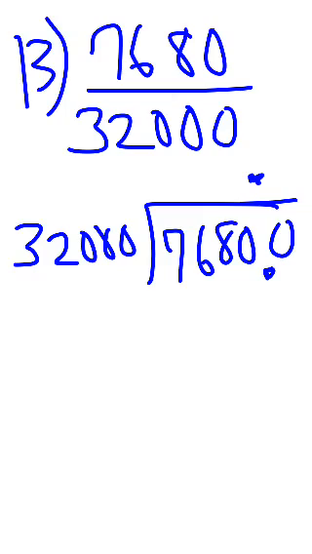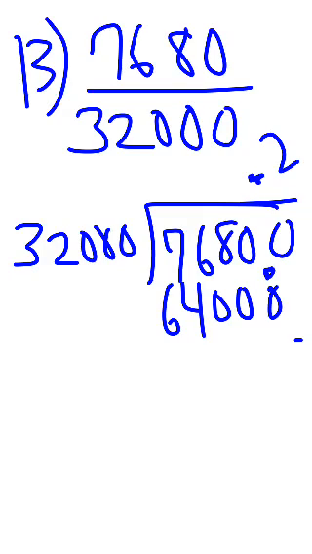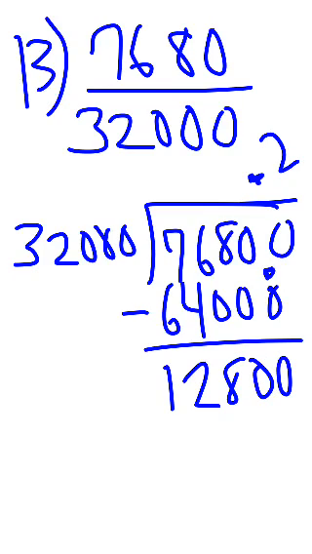Or what you could do is move your decimal point 2 places to the right. 32,000 into 76,800 will go 2 times, giving us 64,000. 32,000 can go into 12,800, right, 4 times exactly.